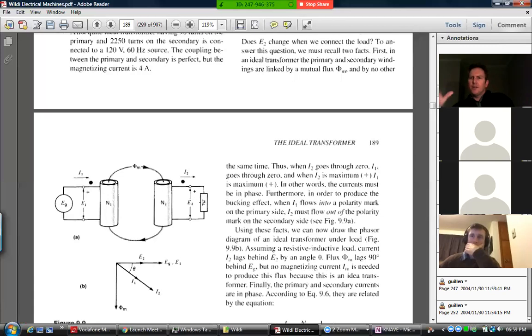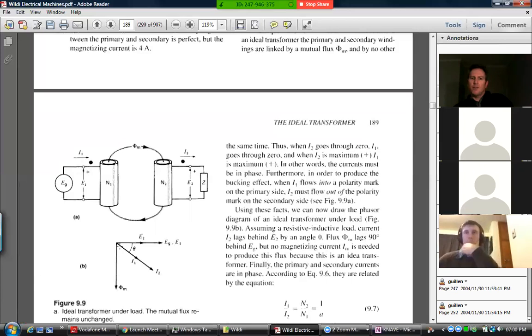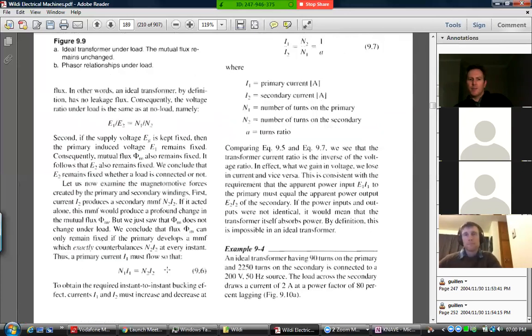The tan theta relating the reactance and the resistance purely will relate how far back this current is compared to the voltage on the secondary side. But because it's a perfect transformer, it actually requires that the phase shift for the primary side will end up being the same. What happens here is that they explain it down here.